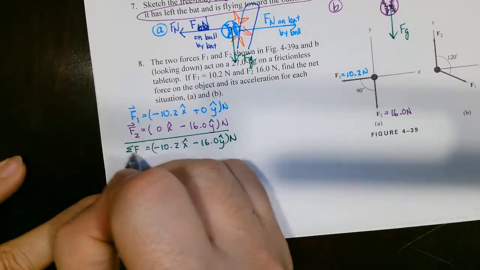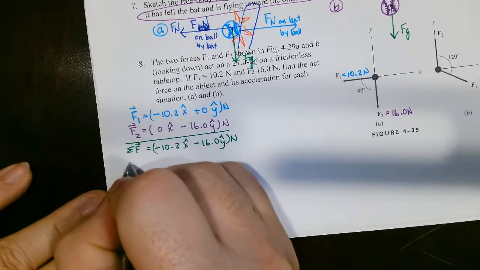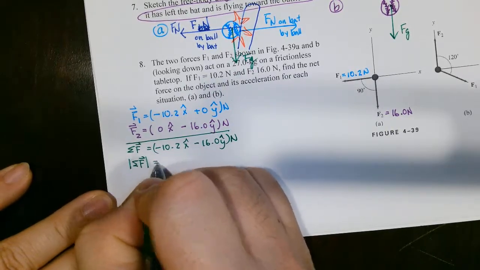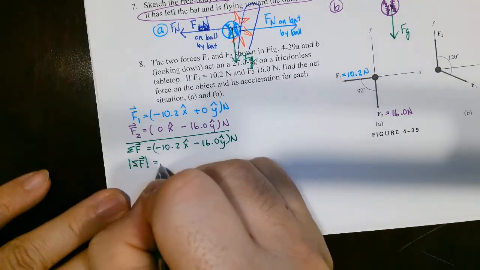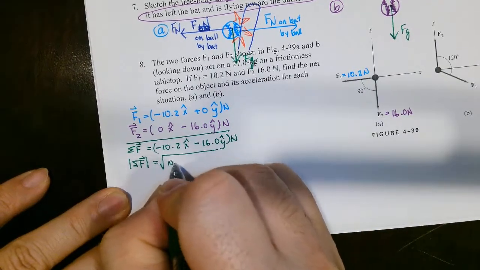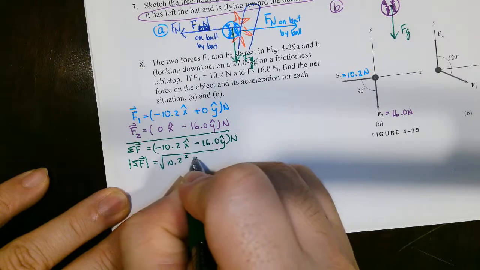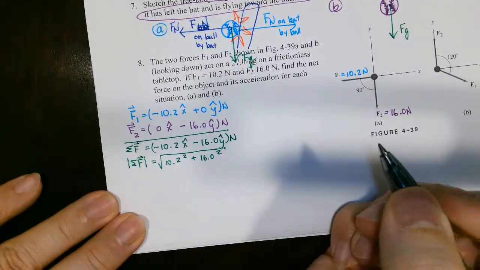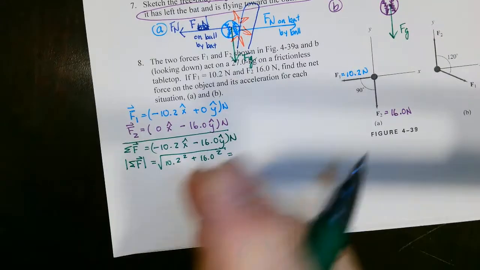Therefore, the magnitude of my net force is equal to the square root of 10.2 squared plus 16.0 squared.